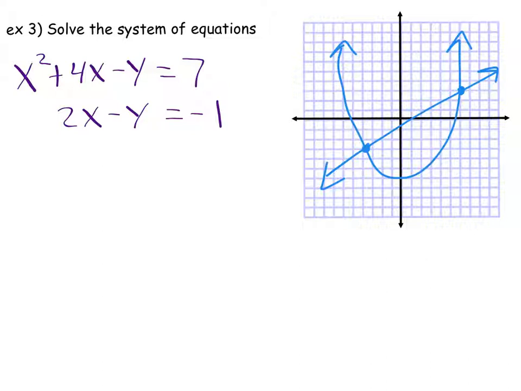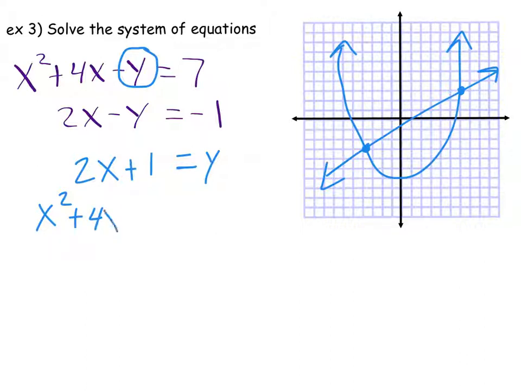Okay? So right here on the second equation, if I were to add y to both sides and add 1, you would get this. Okay? There's the y in the first equation, so I would go back up there and say, all right, I have x squared plus 4x minus, I am able to put in 2x plus 1.